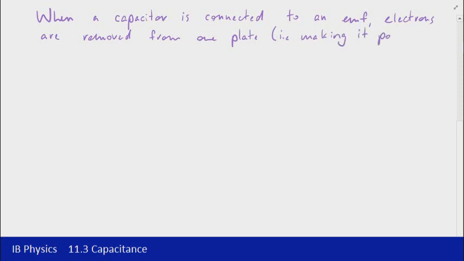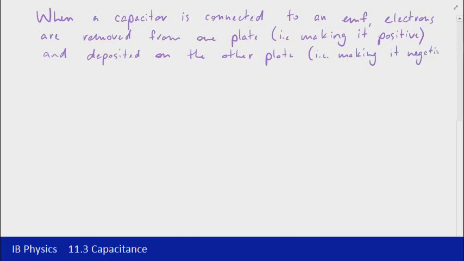As the electrons are removed from that plate, they're then deposited onto the other plate, and with a build-up of charge, that plate becomes negative. In that process, as I said, we've got to do work on those electrons in order to separate them in that way.